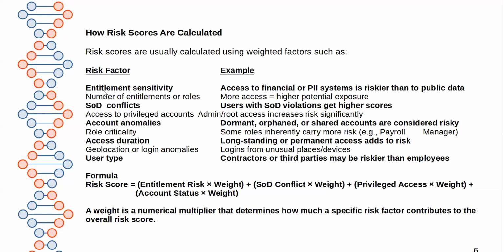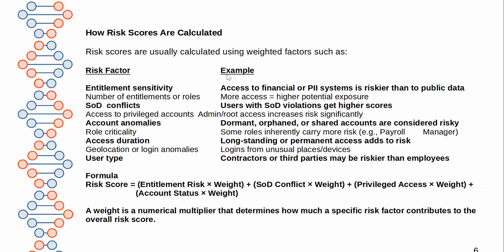The risk factors could be entitlement sensitivity, number of entitlements or roles given, how many types of SOD conflicts you are part of, access of privileged accounts or admins, how much you have taken, different account anomalies, role criticality, access duration, geography or login anomalies, or the type of user you are. On the basis of all this, the risk score can be calculated.